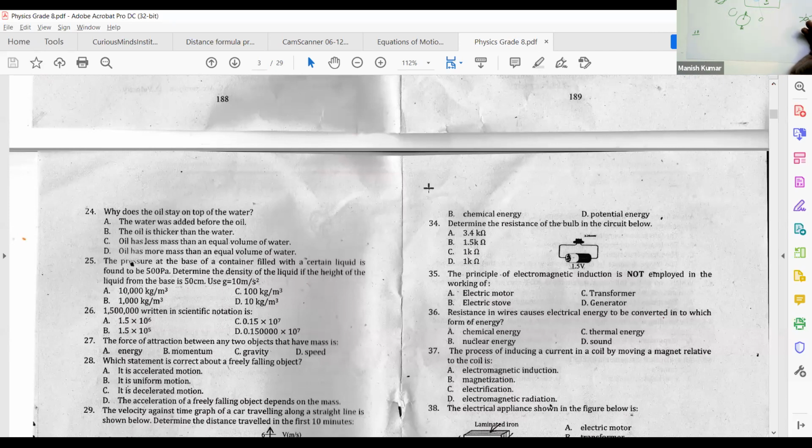We're doing the 28th question. This is physics. Hey, focus on solving the problem, no?